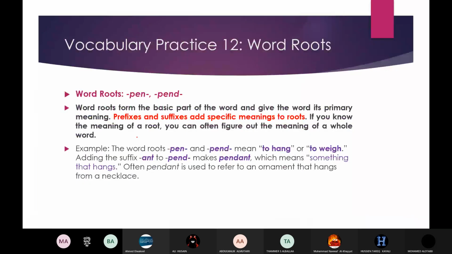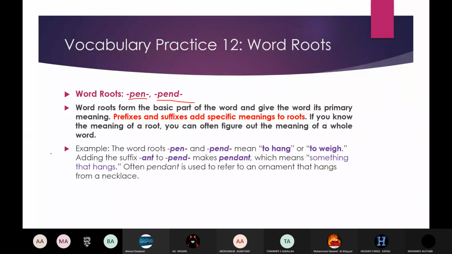So in today's practice number 12, we will deal with the two word roots, pend and bend. So once again, the word roots form the basic part of the word and they give the word its primary meaning. And prefixes and also suffixes add specific meanings to the roots. So if you know the meaning of a root, you can often figure out the meaning of a whole word.